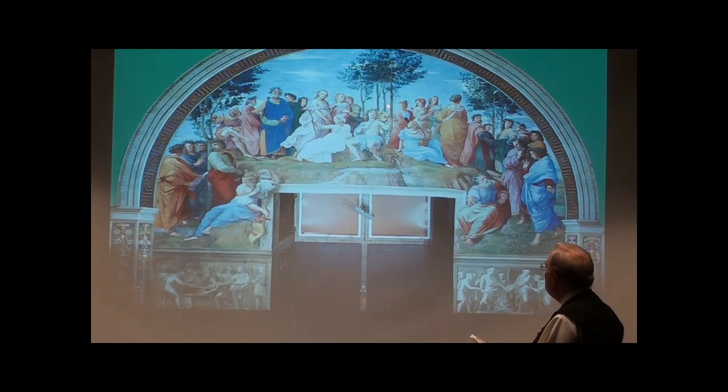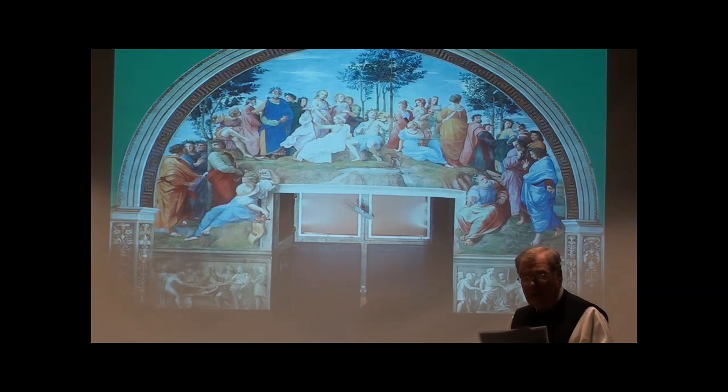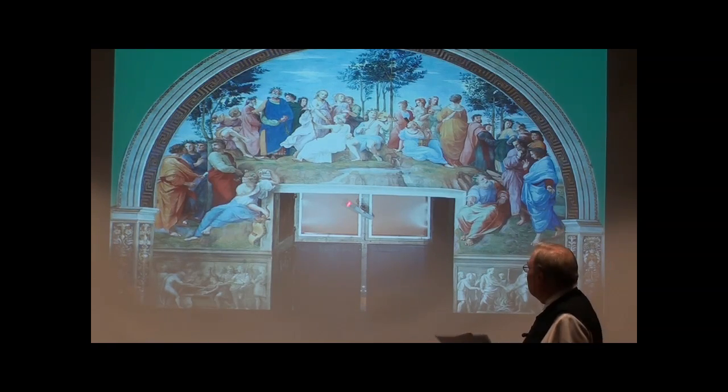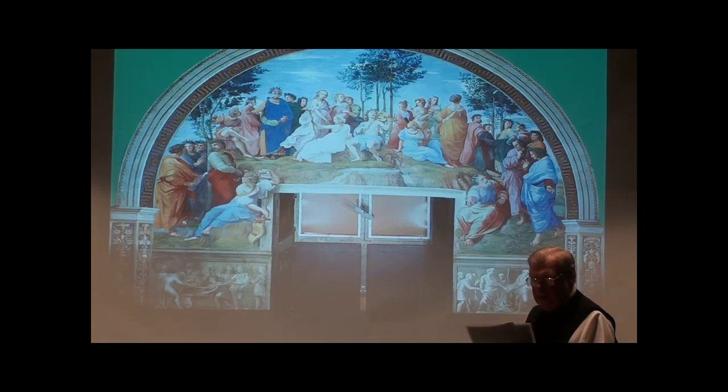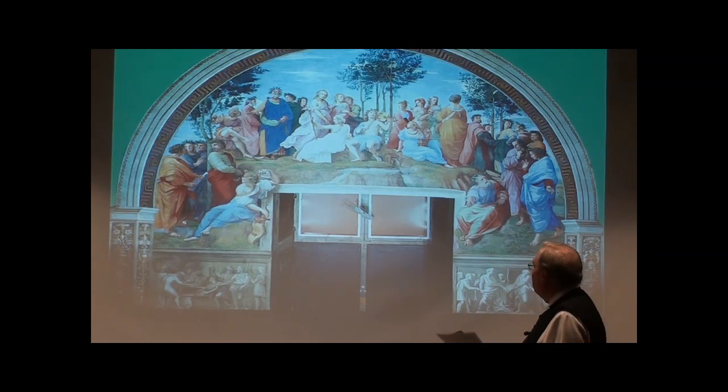There is epic poetry over here, and there is Clio, history. So history, lyric and love poetry, tragedy, comedy, dance, Terpsichore, and dance. She's holding the lyre, and astronomy is holding the globe and compass.